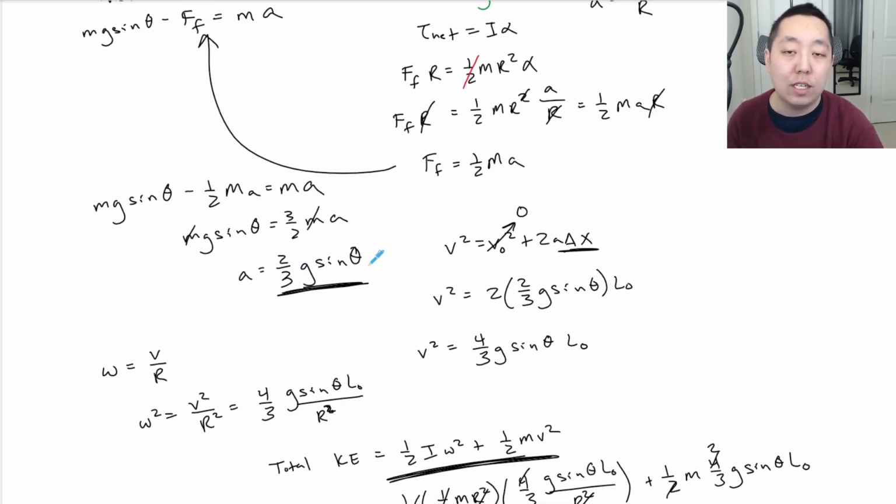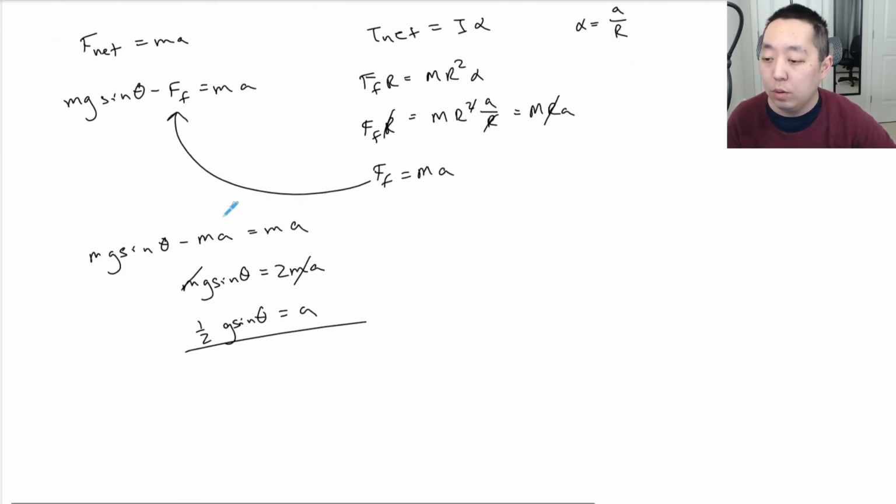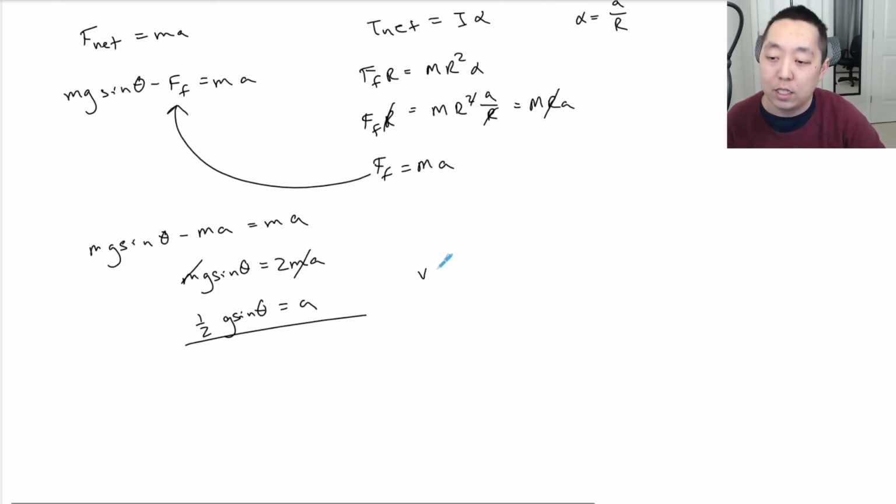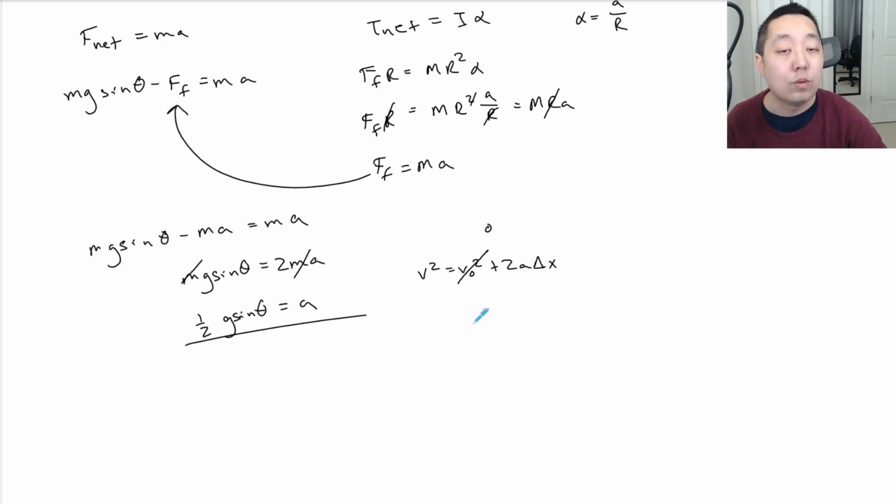So hopefully you can see, obviously, by right now, that the translational energy at the bottom is going to be different. But I want to show that it has the same total energy. So we're going to use, again, kinematics. V squared equals V0 squared plus 2a times the displacement. The V0 squared is 0 because we release it from rest.